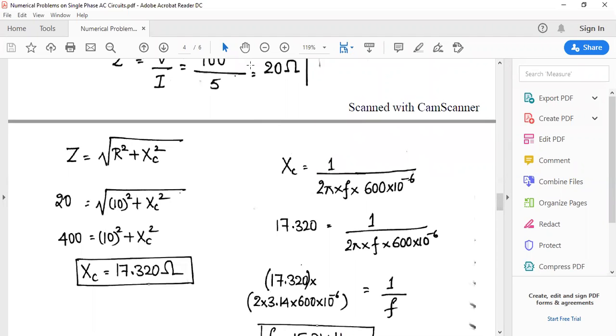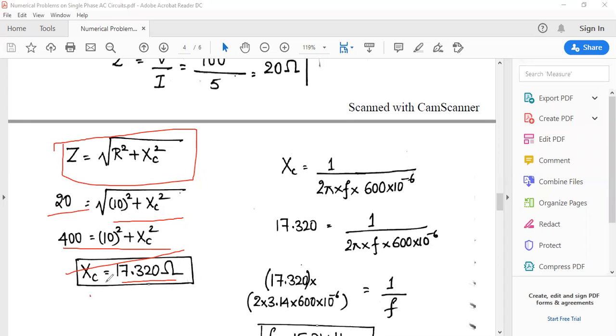So that's how we can calculate the next half, which is Z equals root of R squared plus XC squared. So XC can be calculated as 17.320 ohm. So Z is 20, so root of R squared plus XC squared. So this one is given as XC, which is 17.320 ohm.